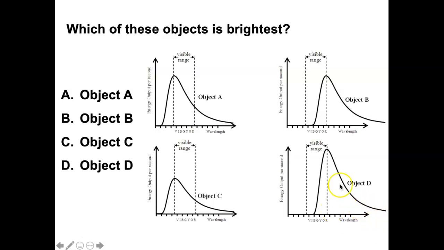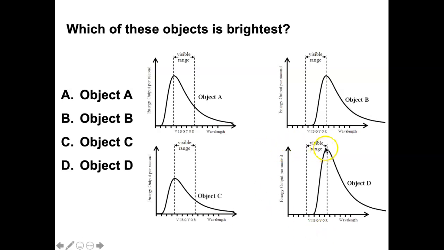Sure looks like this one. And you think, okay, this has a pretty high peak. This must be the brightest star. And you'd be right, except also what's happening? The peak of the wavelength is in the red. Object D here is the brightest. It's got the greatest area under the curve. What's going on here?